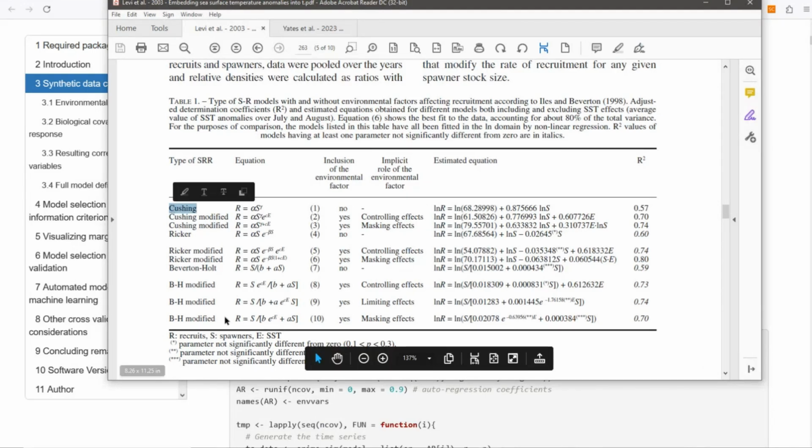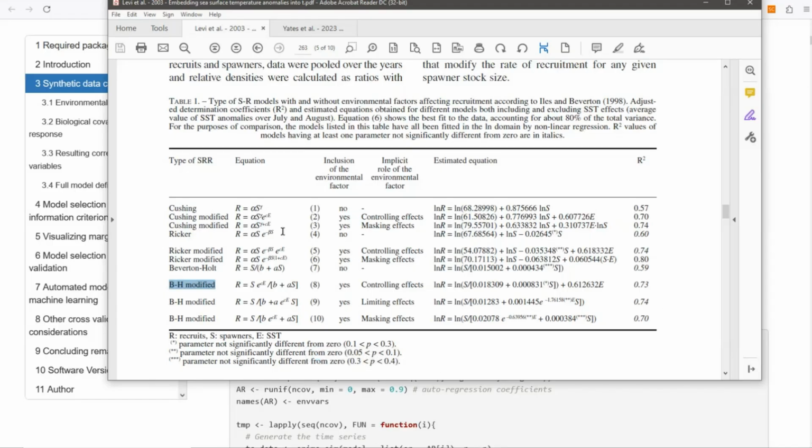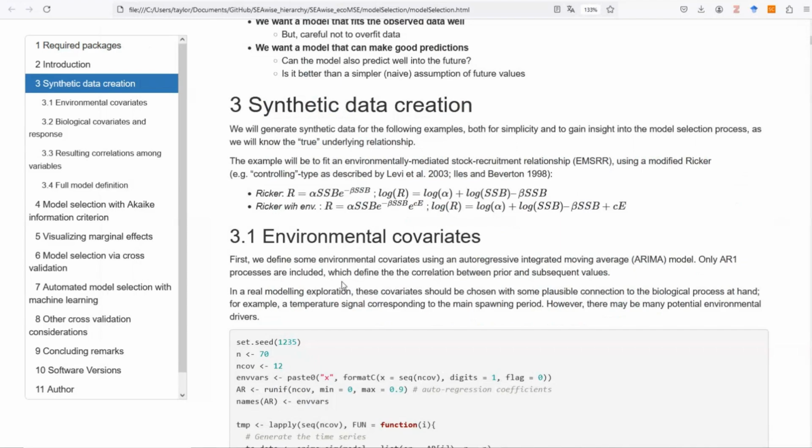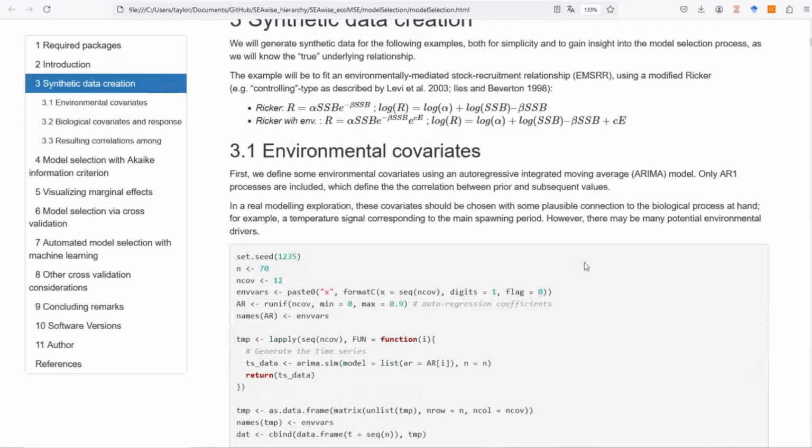They've got a Cushing, a Ricker, and a Beverton-Holt, and then they have the ones that were modified to include some environmental covariate. In some cases, this is just an additional term, like this one, the modified Ricker that we're going to be using. But they also have other variants where it might be interacting with SSB and so forth. But for the purposes of this example, I chose this very simple Ricker, and we'll use that going forward.